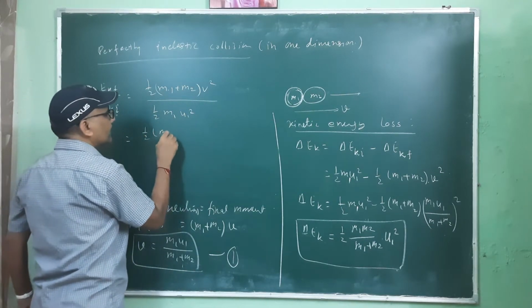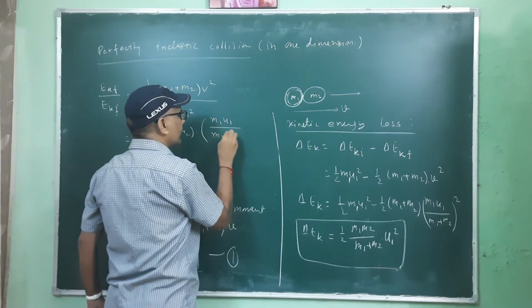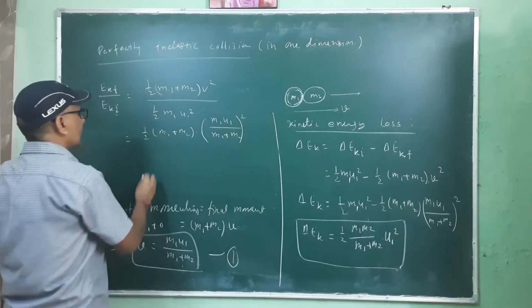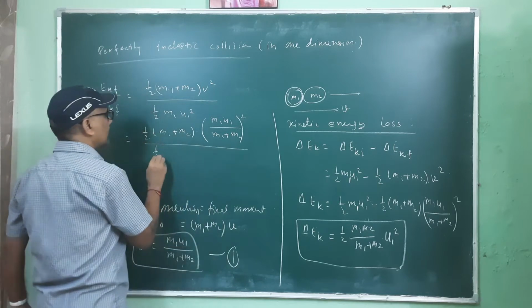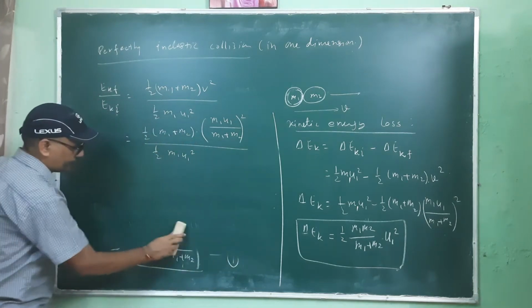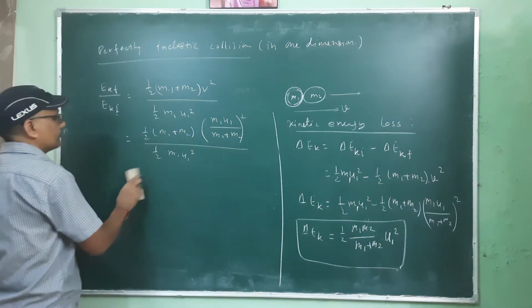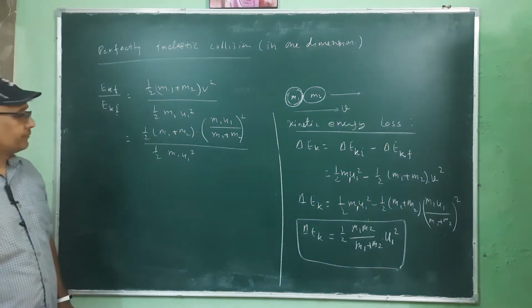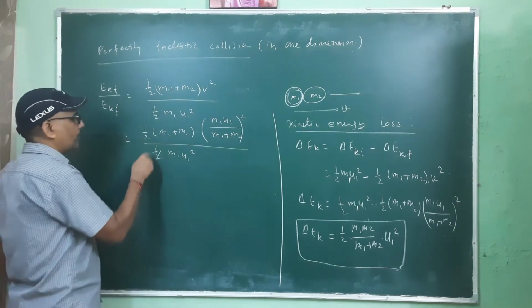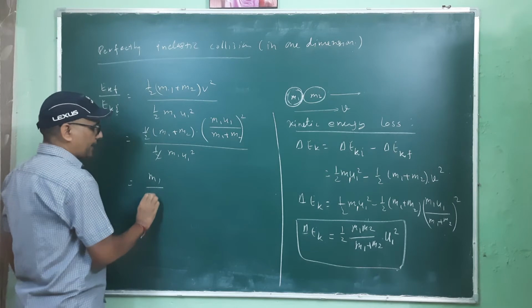V is m1 u1 by m1 plus m2, squared. So this is equal to, half will cancel, one m1 will cancel, u1 will cancel, so that is m1 by m1 plus m2.